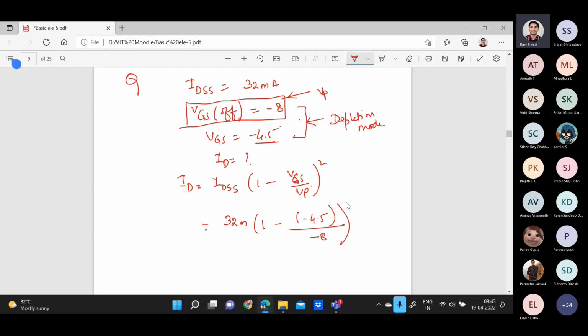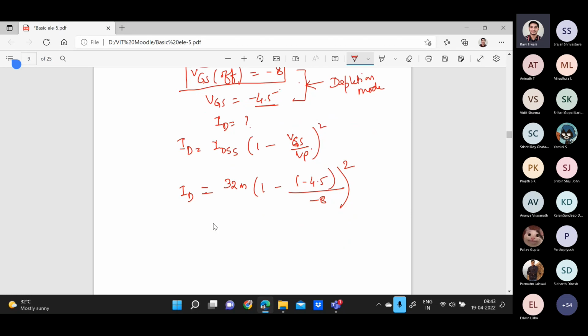Like that, you can find the value of ID. Everyone, try this question and tell me the answer. Yes, 6.1 milliamps. Okay, so that is your drain current.